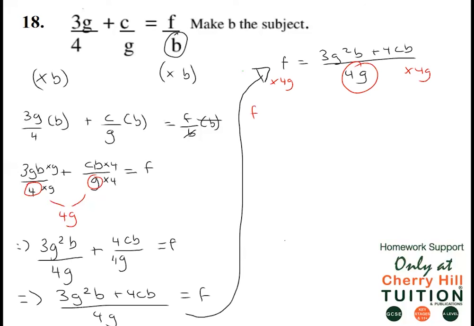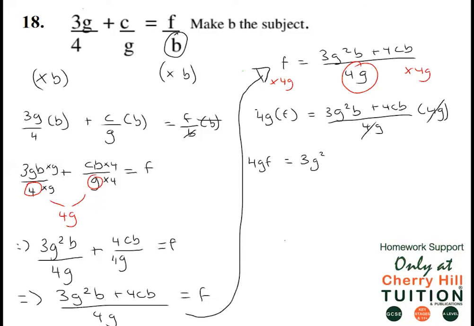This leaves us with 4g multiplied by f is equal to 3g squared b plus 4cb over 4g multiplied by 4g. On the left-hand side, we are left with 4gf, and on the right-hand side, the multiply by 4g and the divide by 4g both cancel out, leaving us with 3g squared b plus 4cb.